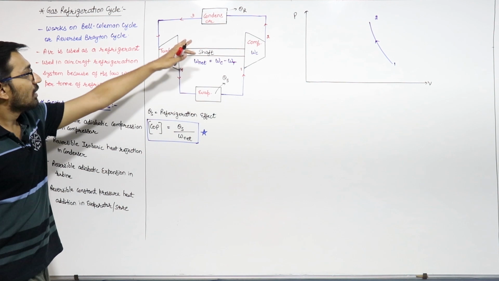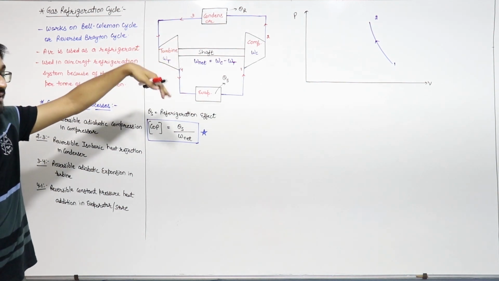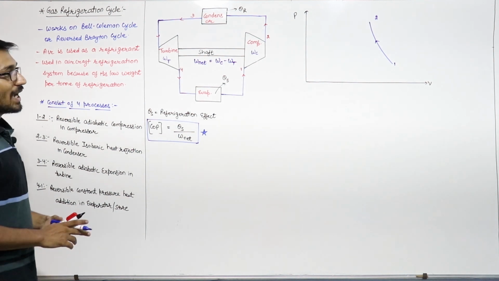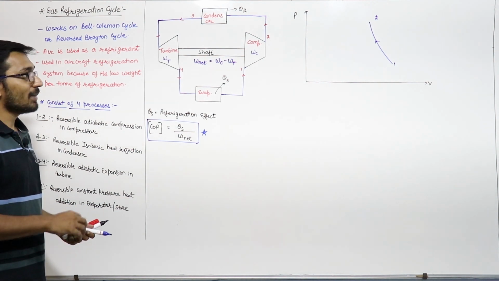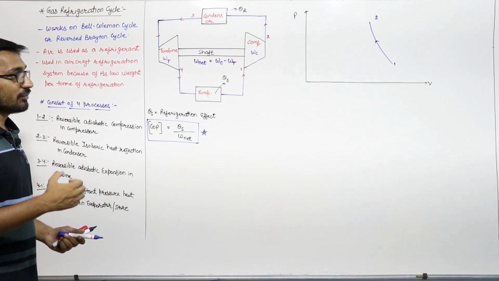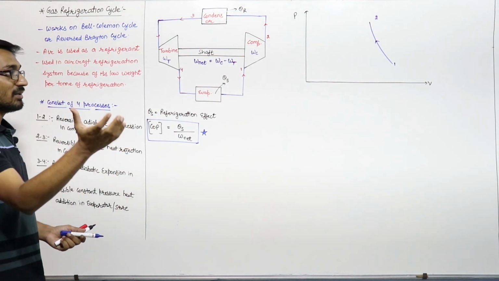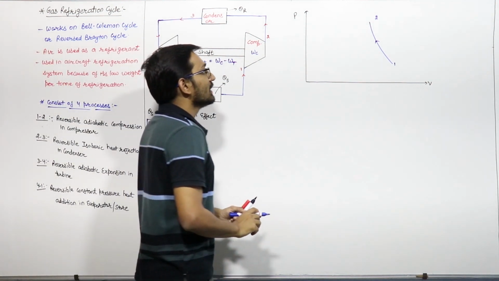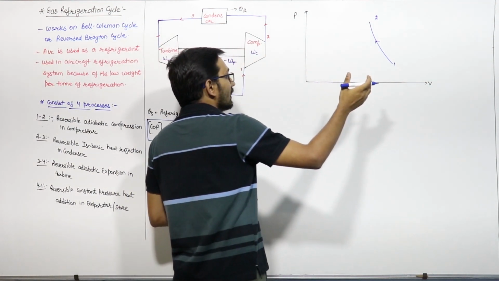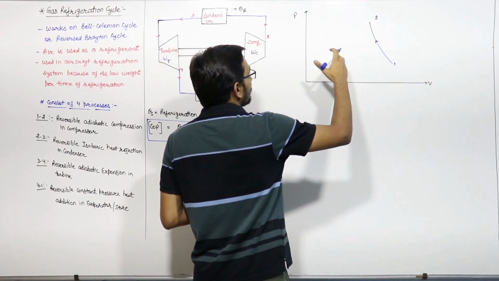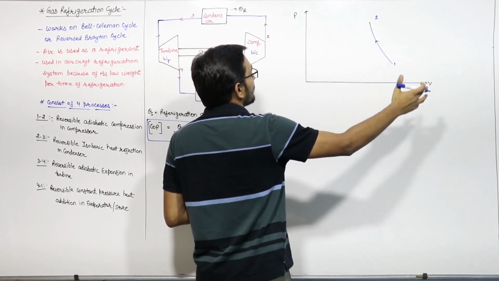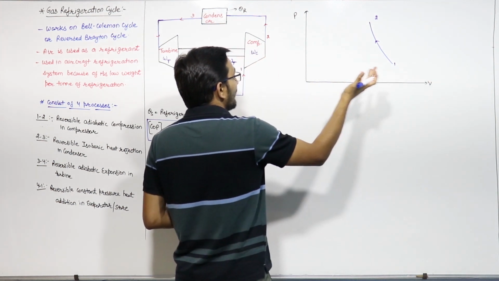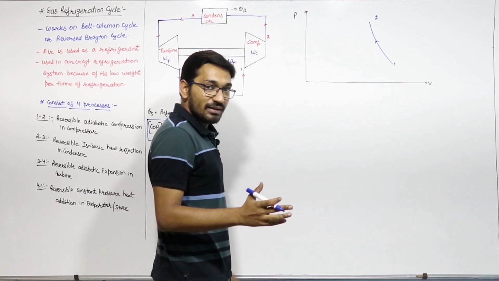Next is isobaric heat rejection. At constant pressure, heat is rejected, and you know from the basic concept that if you want to maintain constant pressure and heat is rejected, then the temperature decreases, so the volume will decrease. Why?